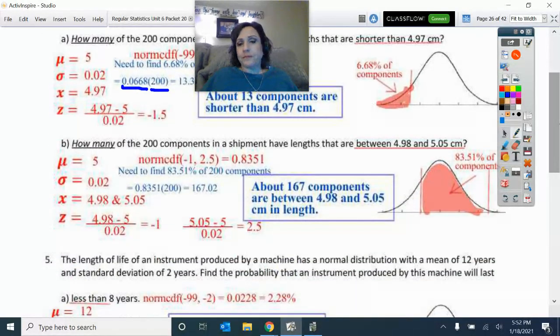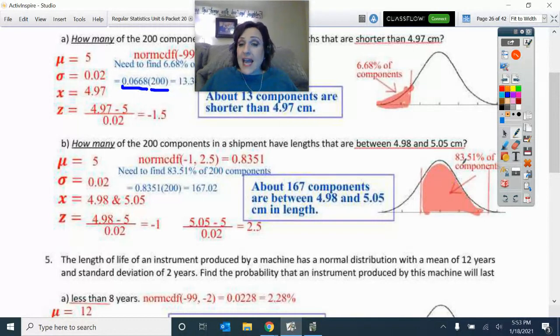All right. So maybe this is the ideal size, between 4.98 and 5.05 centimeters. So that's two x values, and we'll find the z-score for both of those. The first z-score is -1, the second z-score is 2.5. So norm CDF between -1 and 2.5 is 83.51% of the components.